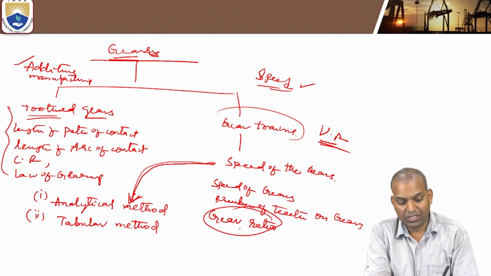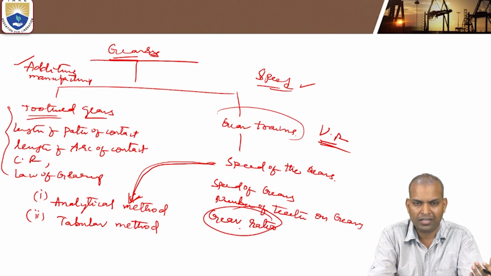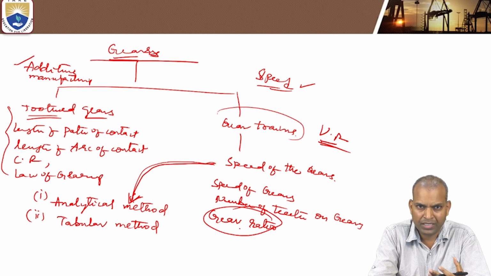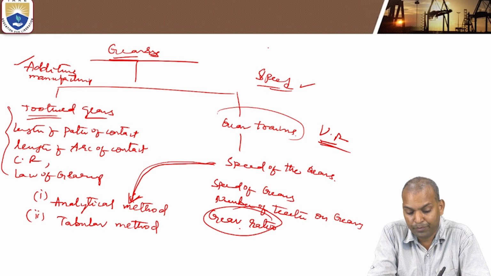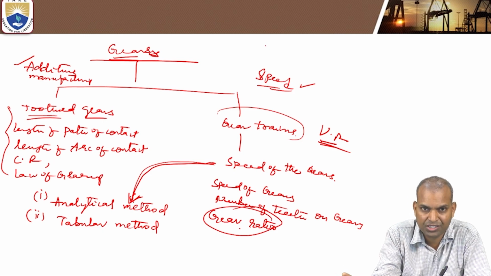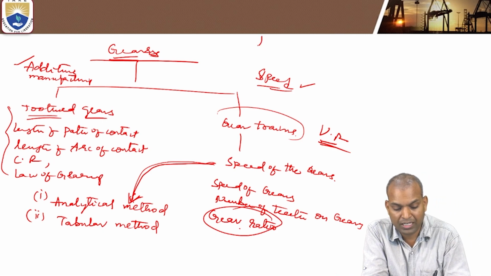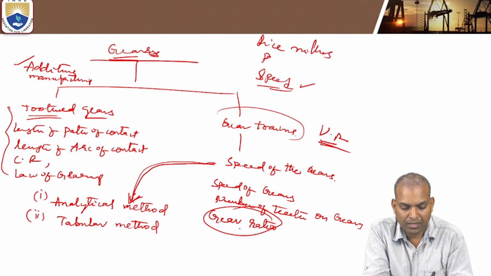Chain drives are usually used to transmit power from the rear wheel to the front wheel, or rear wheel to gearbox, in the case of bikes or two-wheelers. Belt drives are used where you want to transmit power over a longer distance. That's why belt drives are used in rice mills or paddy mills.